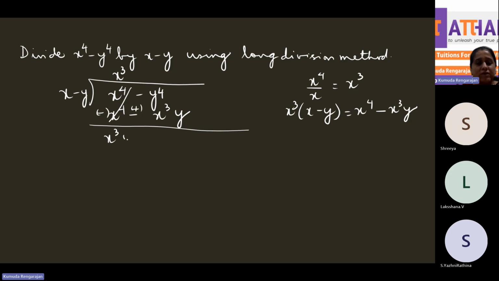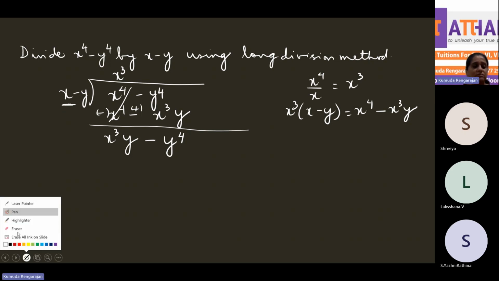So write x cubed y first and then minus y to the power 4. They are unlike terms, they cannot be simplified. The preference is you need to write the term that has x first. y to the power 4 does not have an x term. The term with x or any power of x will come first because in the divisor we have x first.